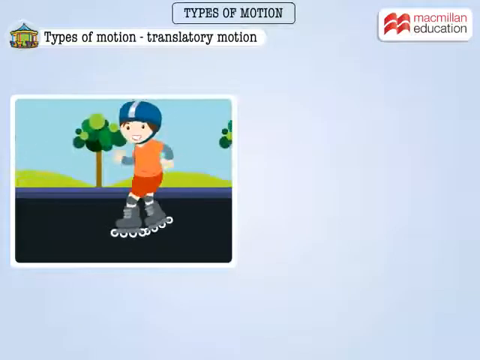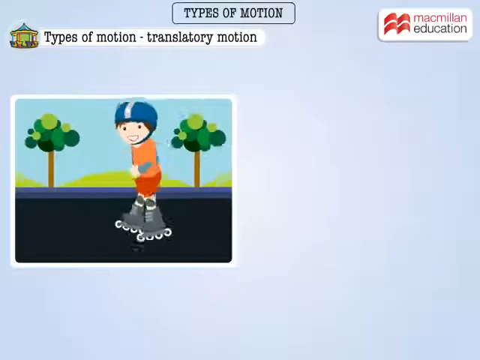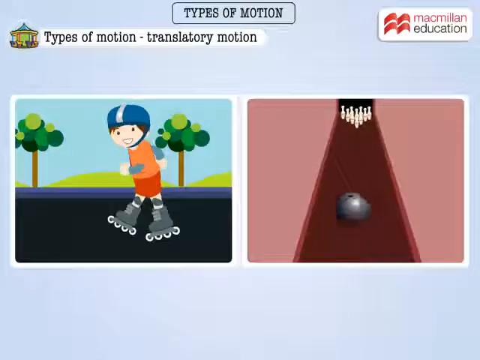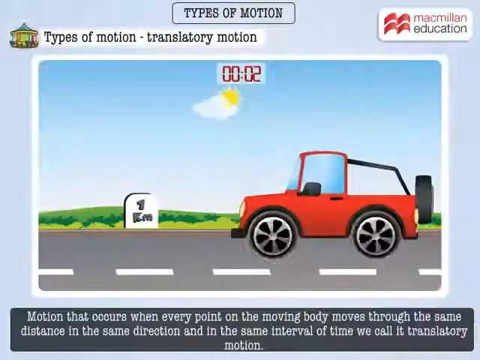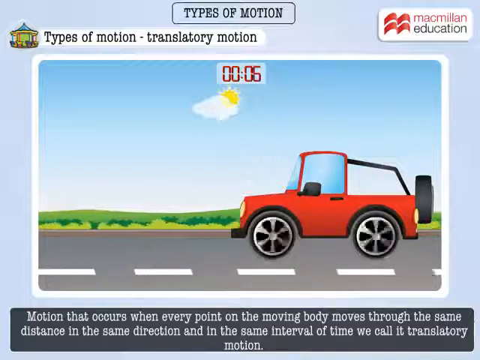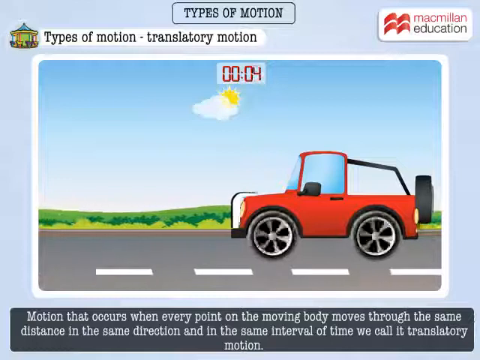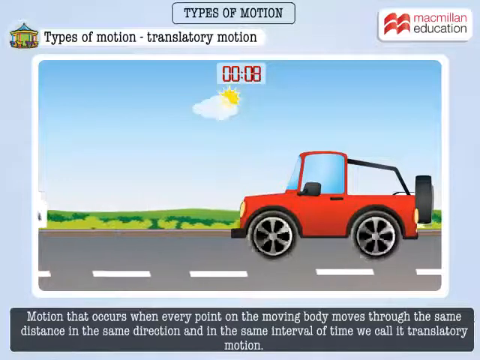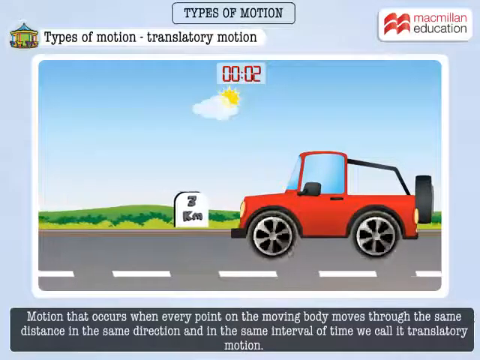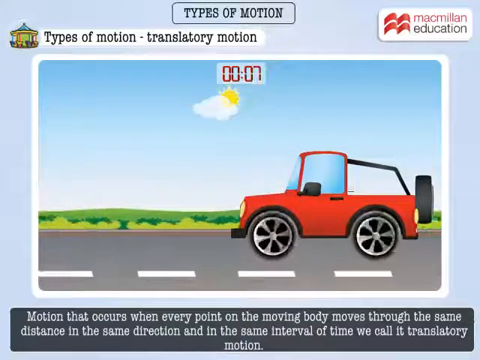Have you ever seen a skater on roller skates or a rolling ball in a bowling alley? When every point on the moving body moves through the same distance in the same direction and in the same interval of time, we call it translatory motion.